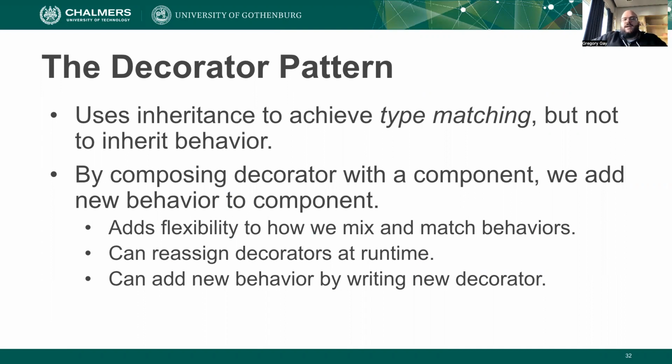We get only the behavior the superclass gives us or that we override. With composition, we can mix and match decorators in any way we like at runtime, just building on top of what's already there. We can add new behavior to our system by writing new decorators, or we could change existing decorators and change the price pretty easily in those.